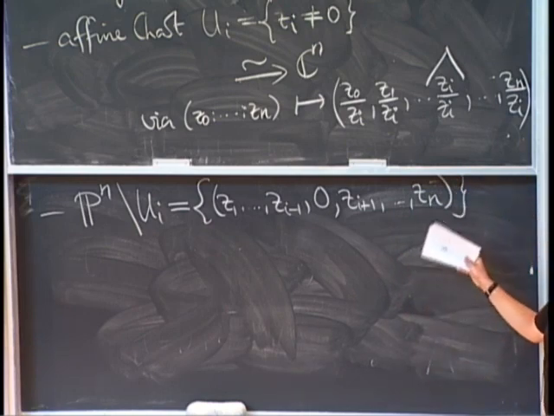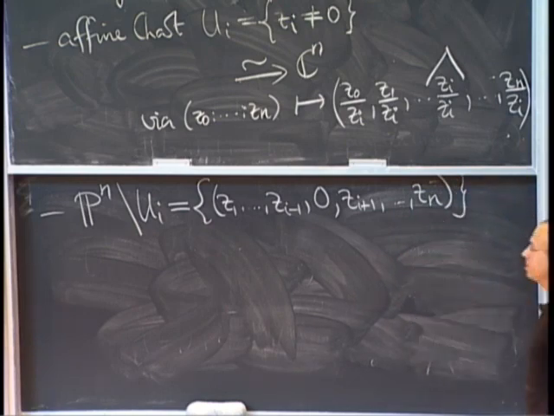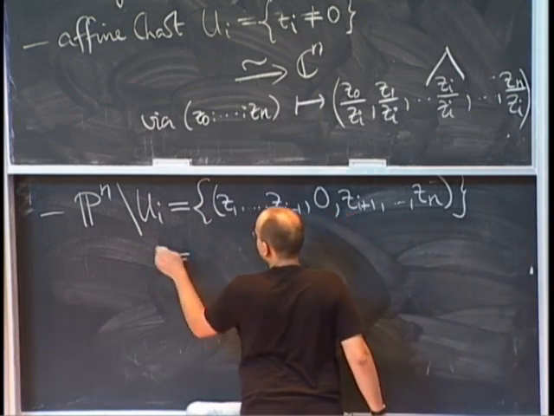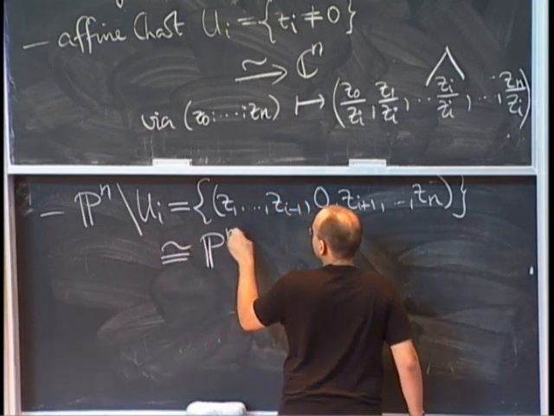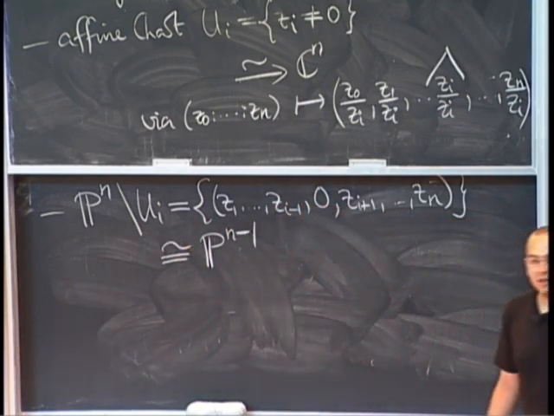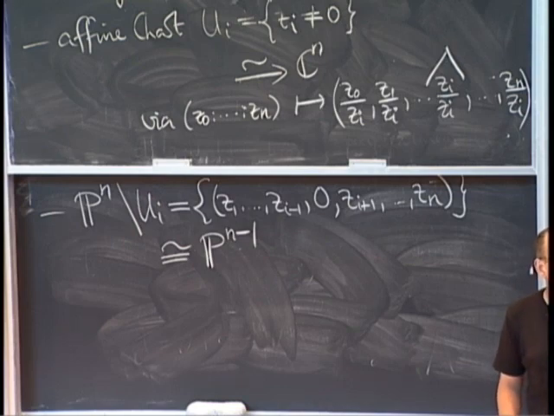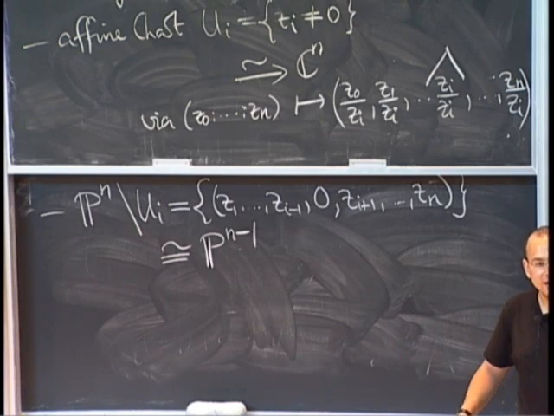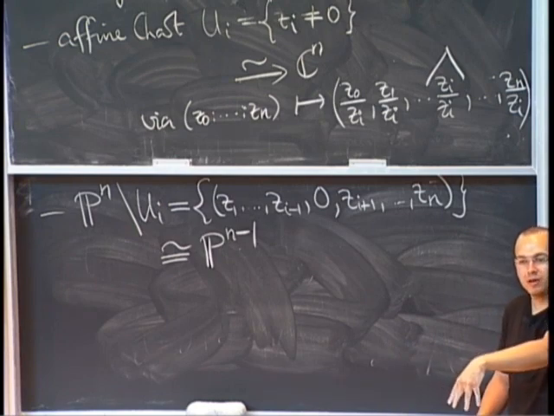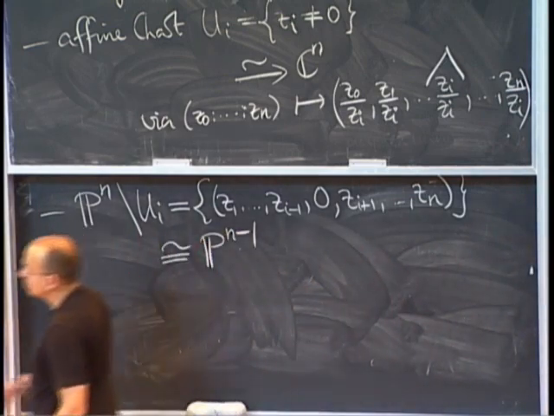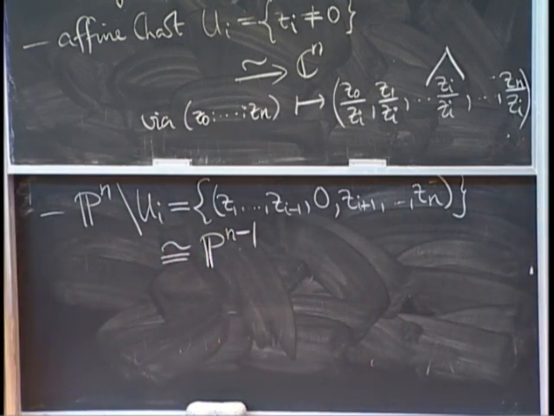That's visibly isomorphic to projective space in one dimension less. And then you can understand the structure of projective space inductively. You have a copy of Cn and a Pn minus 1. The Pn minus 1 contains a copy of Cn minus 1 and a Pn minus 2, and so on. So that's what this formula is saying.